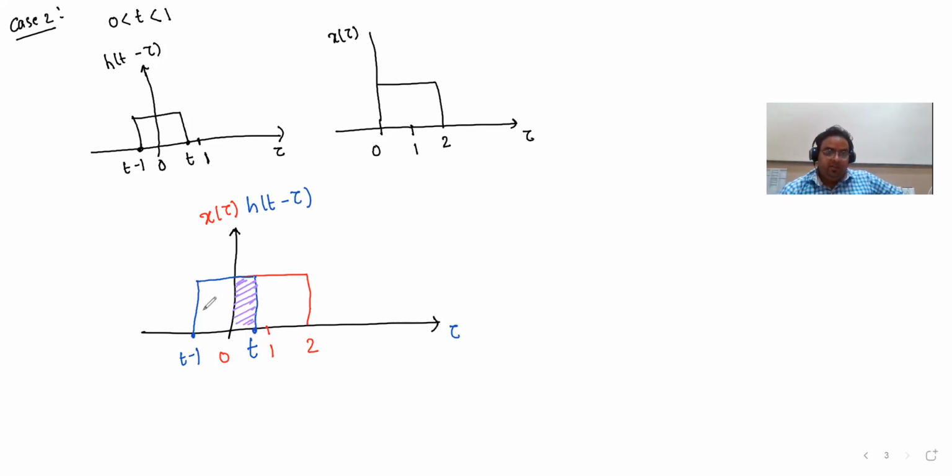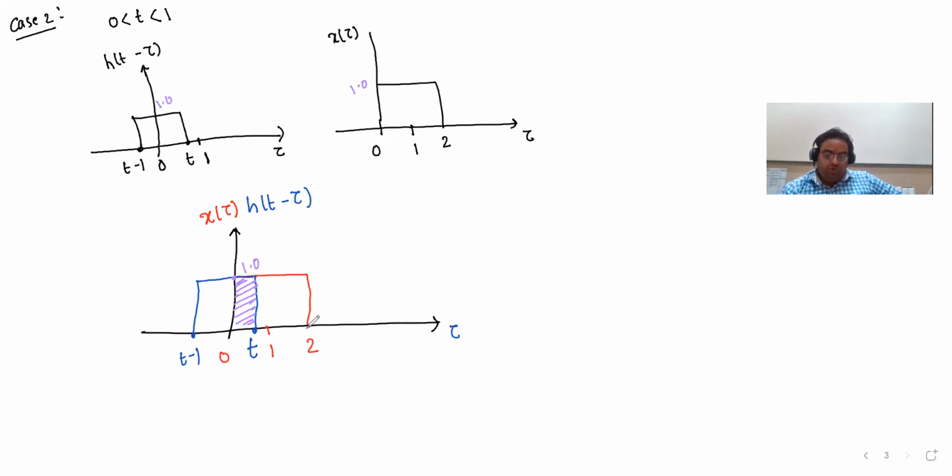Everywhere else, h of t minus tau has one value, the amplitude is 1.0 here, here also, and here also. But from 0 to t minus 1, h of t minus tau is there, but x of tau is 0.